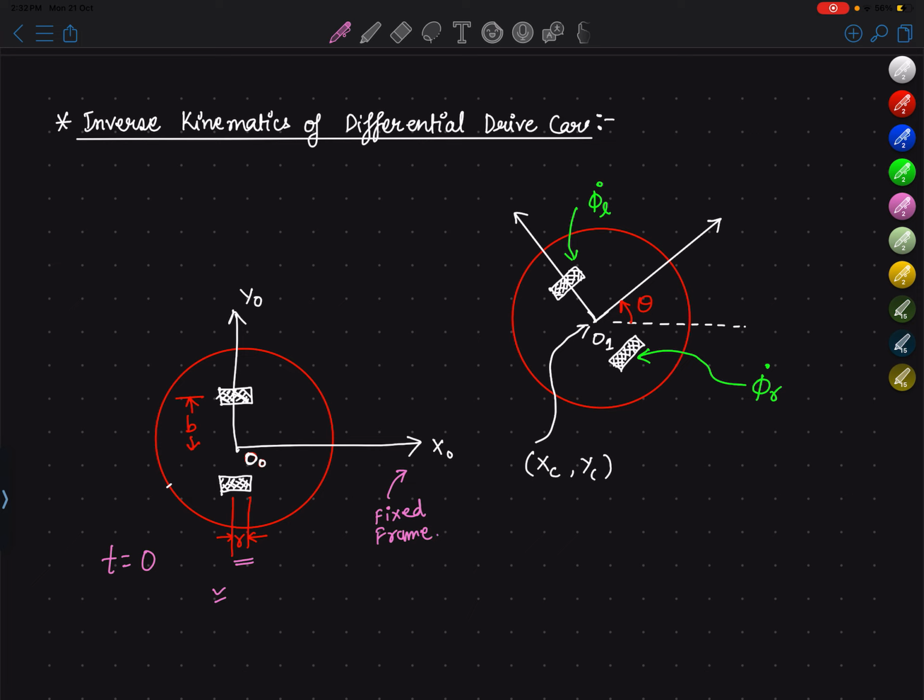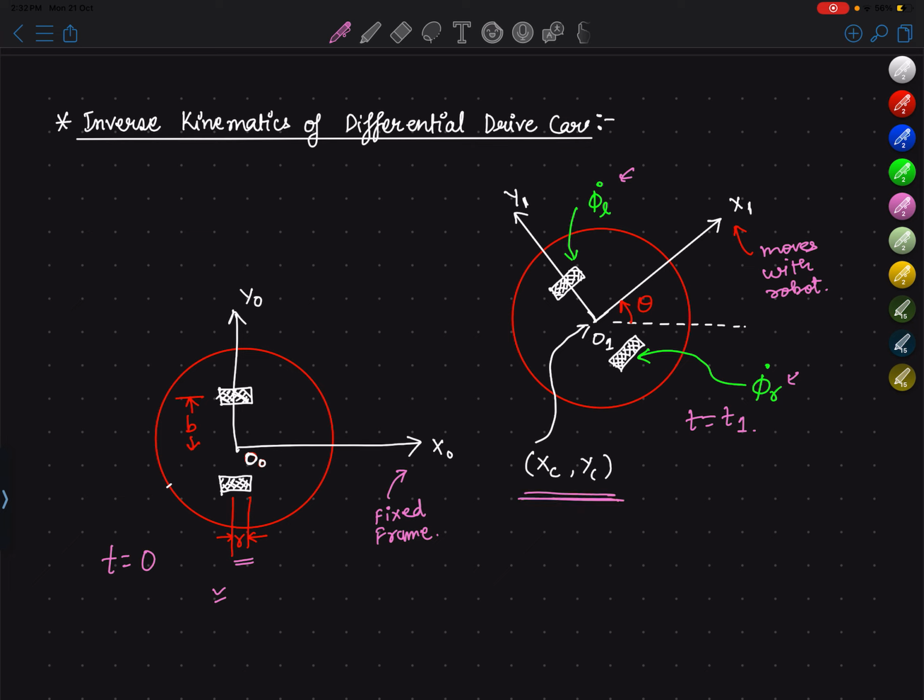And this coordinate frame is fixed with the robot, so it moves with the robot. This is the position of the robot at t equal to t1. The right and the left wheel are rotating by angular velocities phi r dot and phi l dot, and the position of the center of the robot is xc.